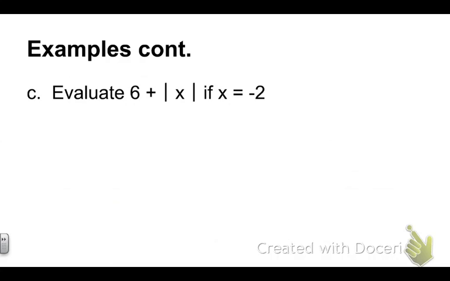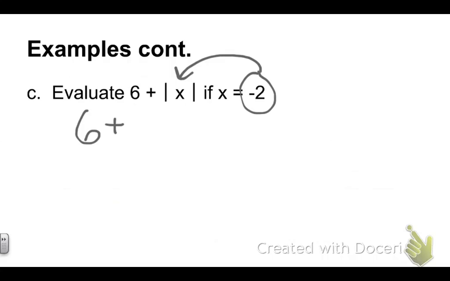Last example here, evaluate 6 plus the absolute value of x if x equals -2. This should be a little bit familiar to you. What we need to do is replace that variable with that number. So instead of x, we're going to plug in, or substitute, -2. I'm just going to rewrite it.